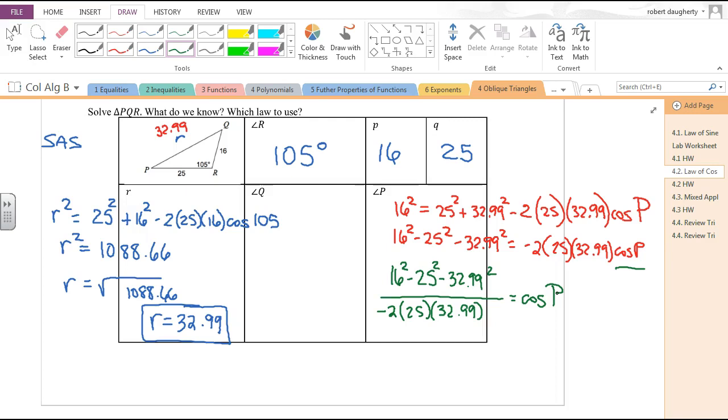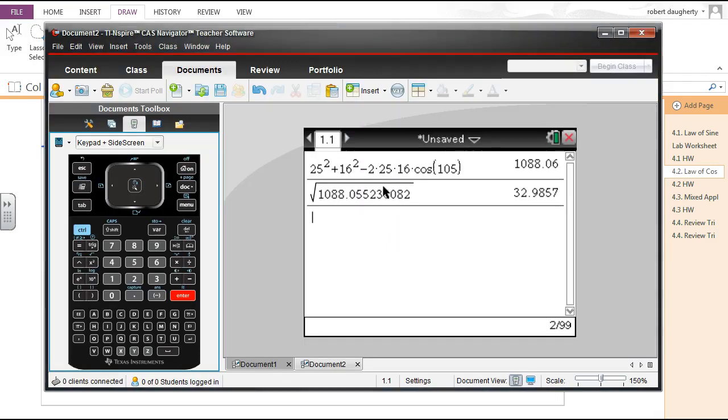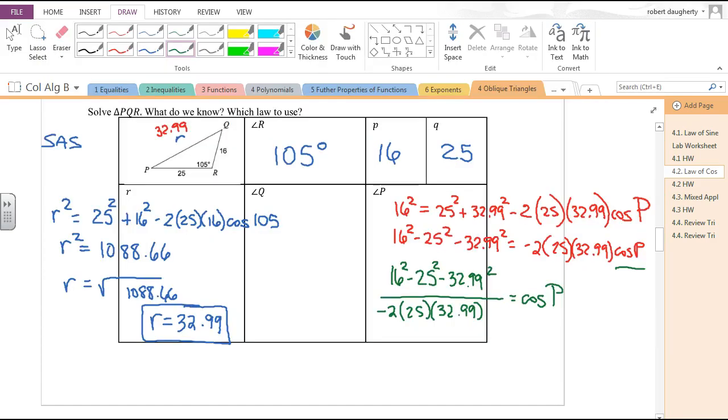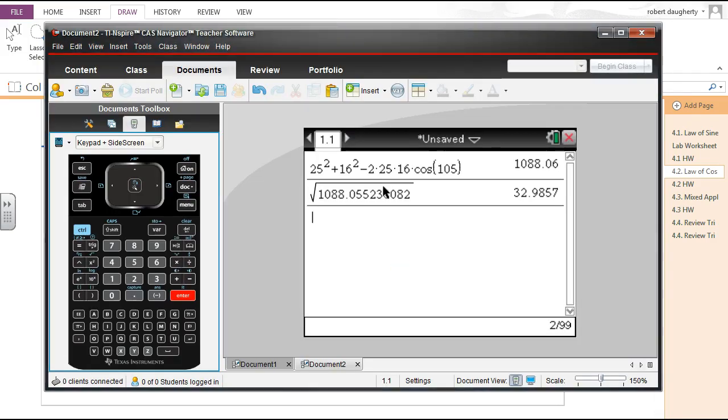Now this is where I go in my calculator. So I'll put all of this in my calculator. So 16 squared. Now here's where you want to be careful. This is a fraction. So if you look at it, I've got a fraction that I'm entering, so I want to make sure that I treat it like that. I'm going to put a parentheses. So I've got 16 squared minus 25 squared minus 32.99 squared. Okay? That's the top of the fraction, right?